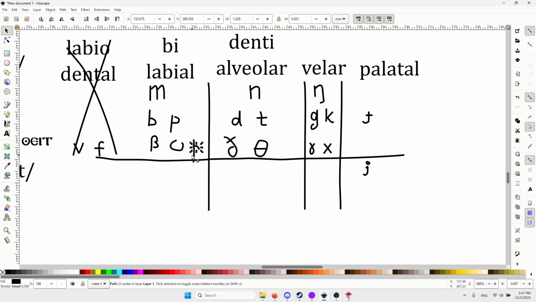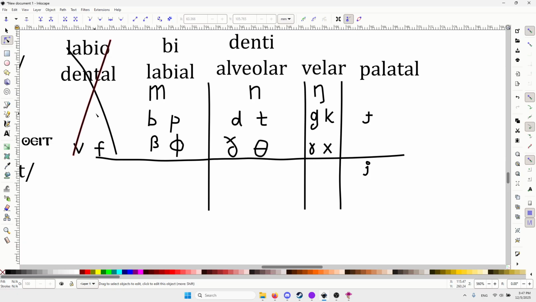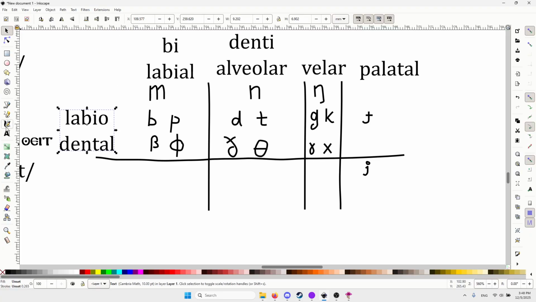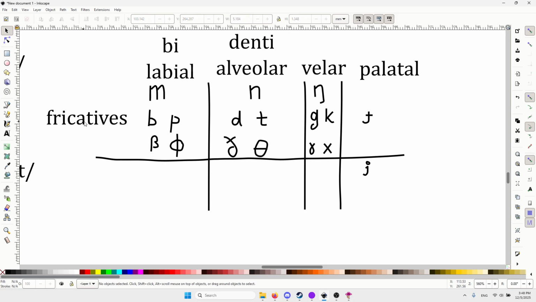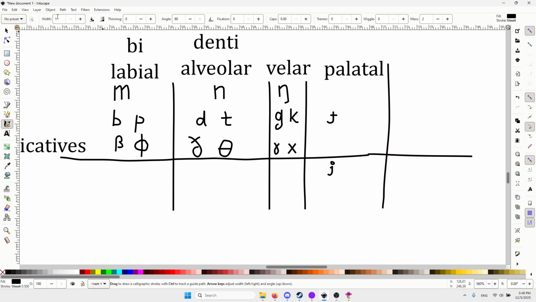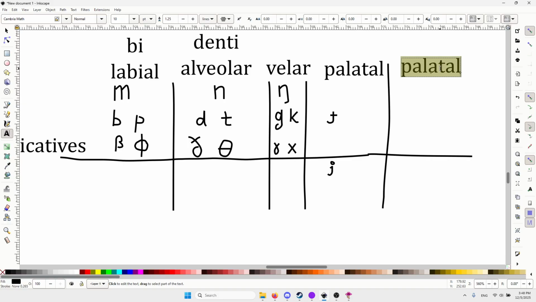So the ones I'm talking about now are the approximants, and here we have what are called fricatives. And finally, I mean, this isn't all the sounds in the IPA, but we have this sort of, I believe they're called uvular consonants.